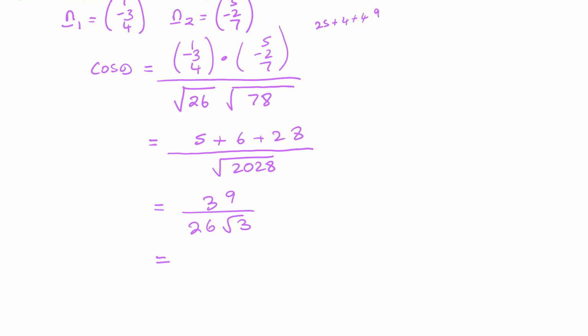So that is 3 over 2 root 3, dividing top and bottom by 13, which is root 3 on 2. And the cosine of theta is root 3 on 2. Theta is 30 degrees.